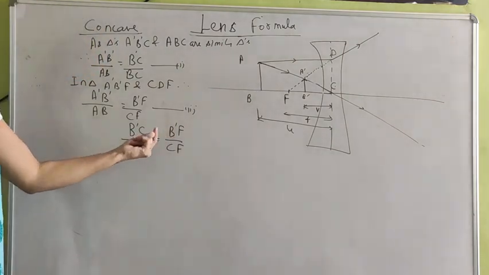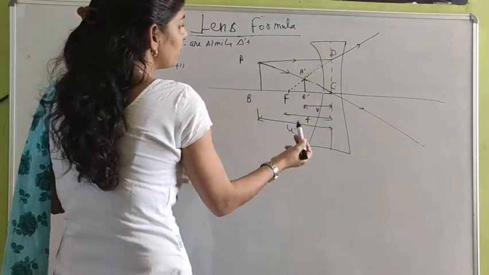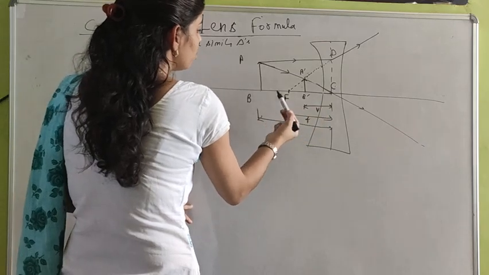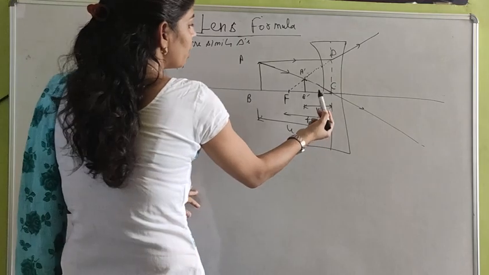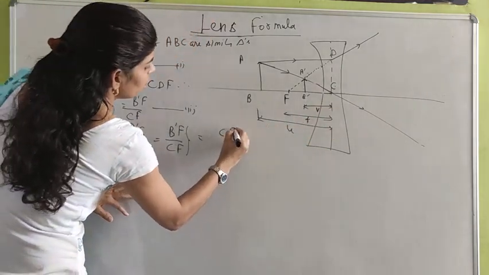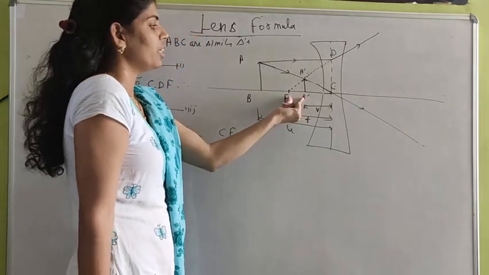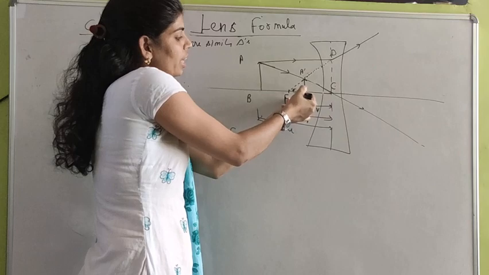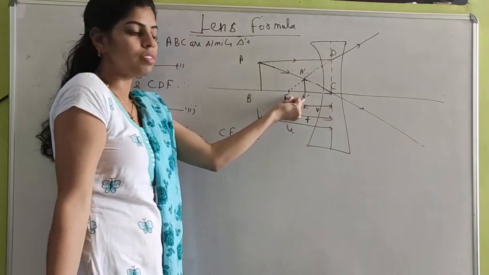So we will change B dash F. How can we write B dash F? We can write CF minus B dash C. We need this distance B dash F, we can write it as CF minus B dash C, then we will get this distance.